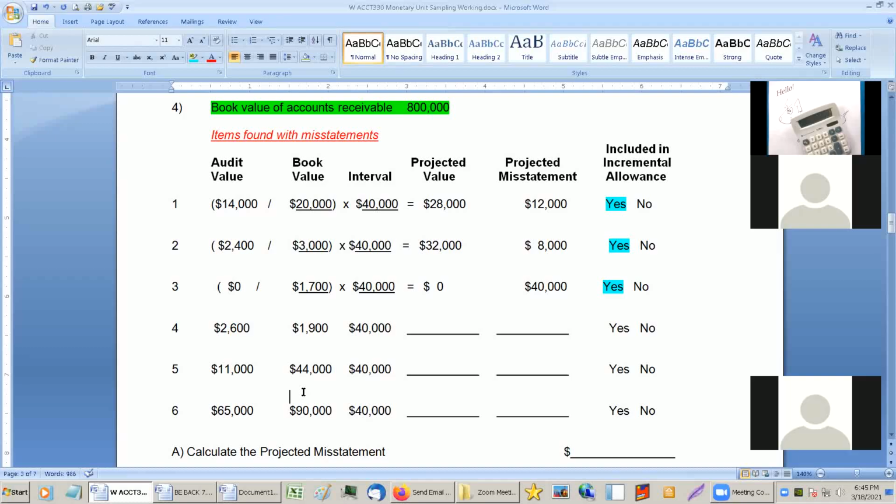The audit value is more than the book value. Yeah, this is an understatement.